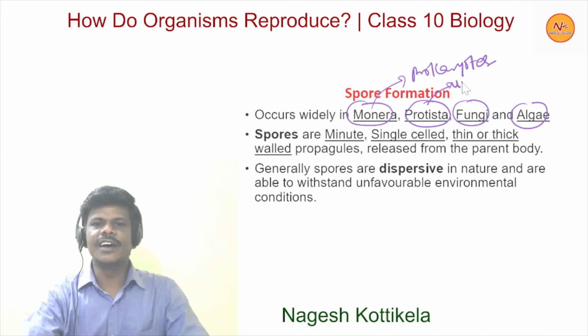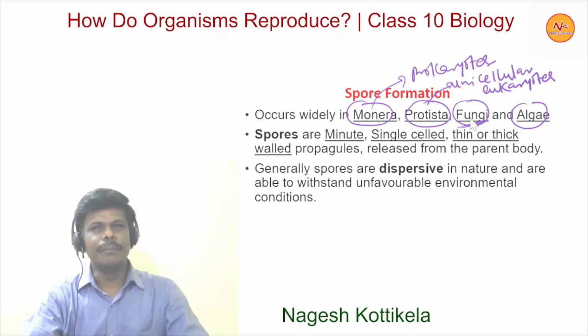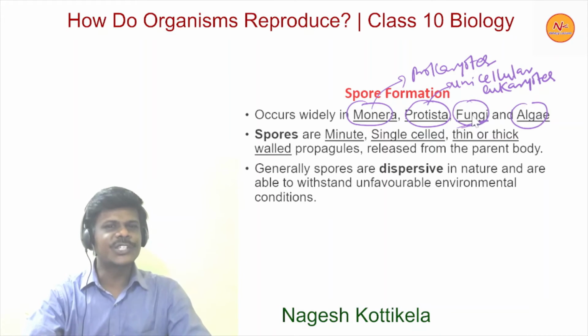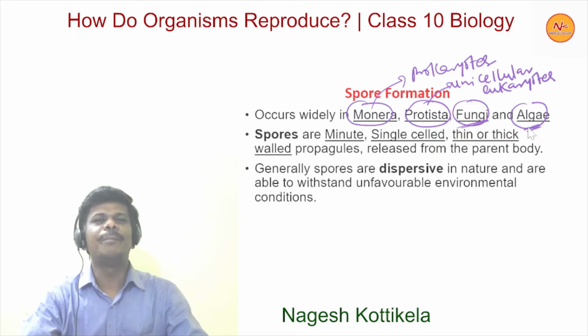Protista are unicellular eukaryotes. Fungi are mostly multicellular, terrestrial, undifferentiated organisms, and algae are undifferentiated, simple plants.